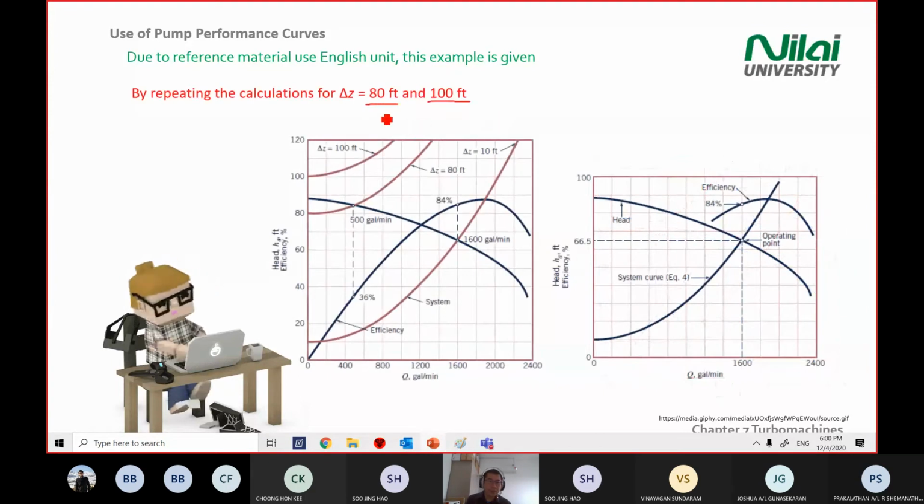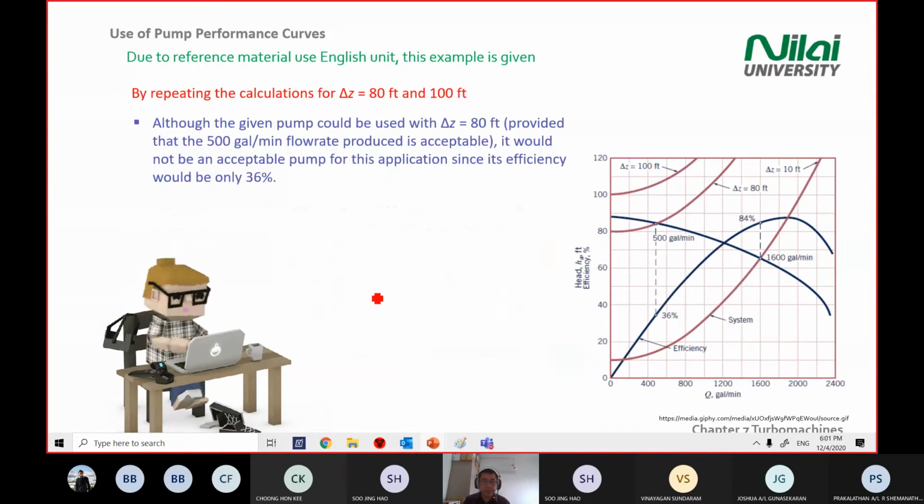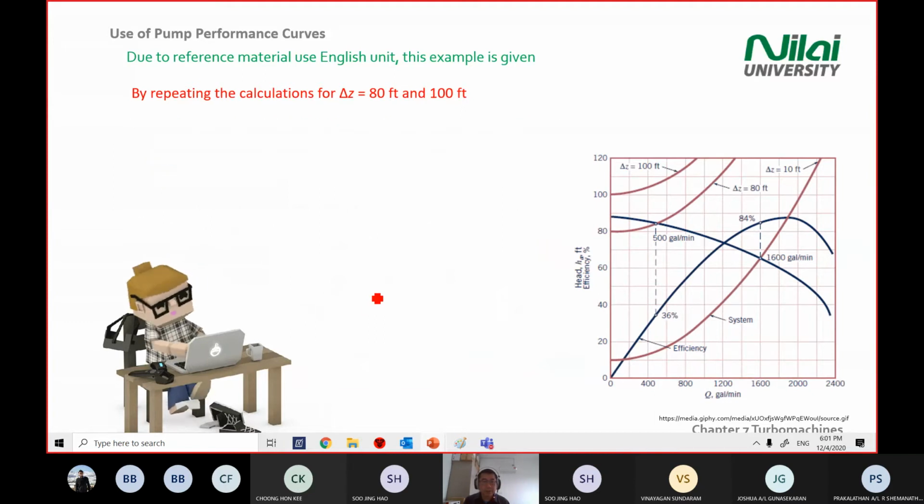This is just to see what happens to the efficiency and all this. So here you will have 80 feet, then you have 500 gallons. This asks you the flow rate.